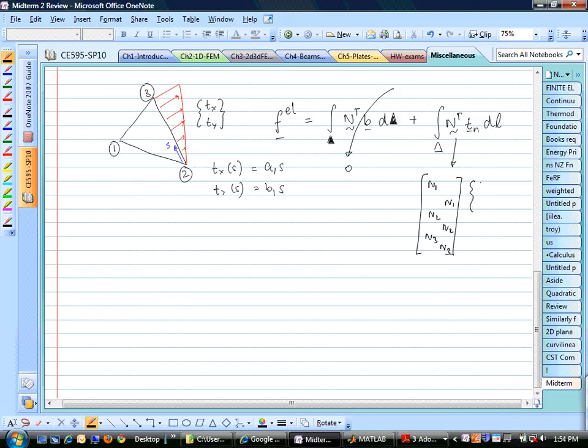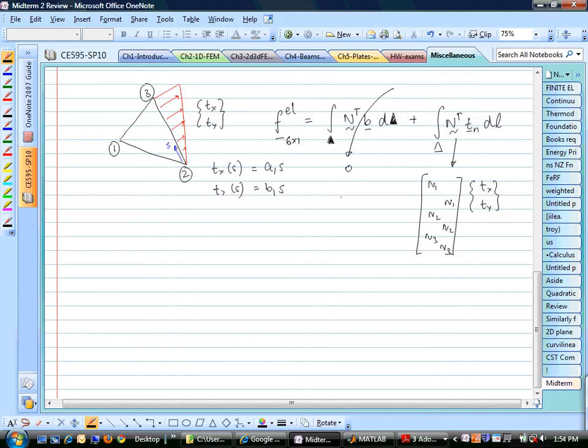And we will have Tx as a function of s, Ty as a function of s here. When you multiply these two out, you get a 6 cross 1 vector, which is the same size as your element force vector.